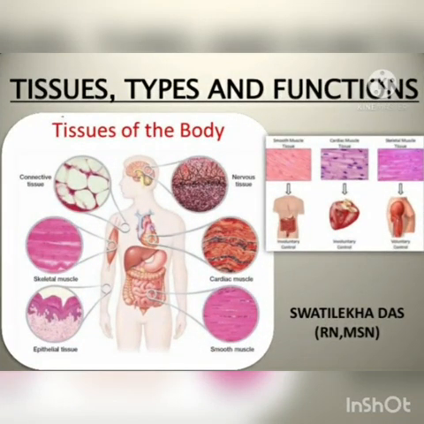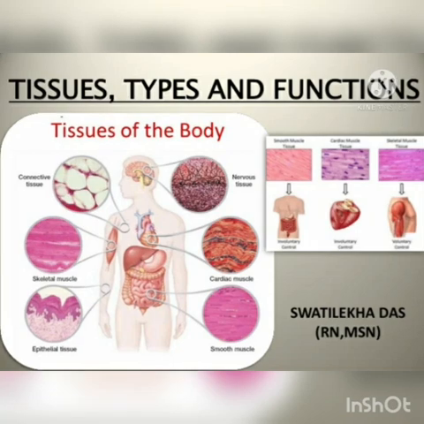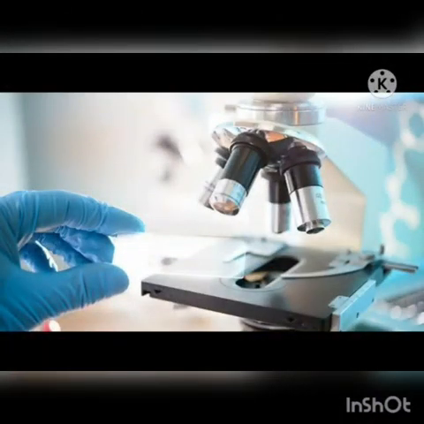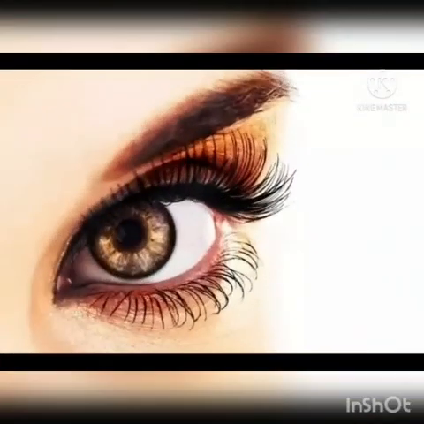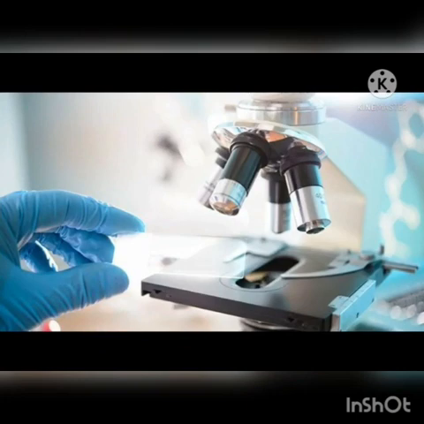After processing the tissue, you look under the microscope and you will be able to appreciate certain structures which cannot be seen by the naked eye, but in the microscope we will come across them.